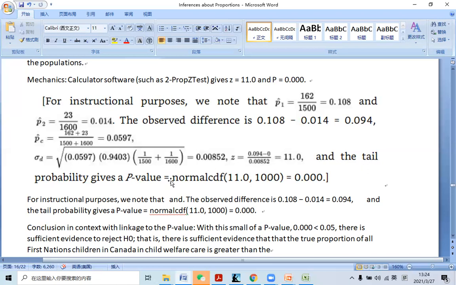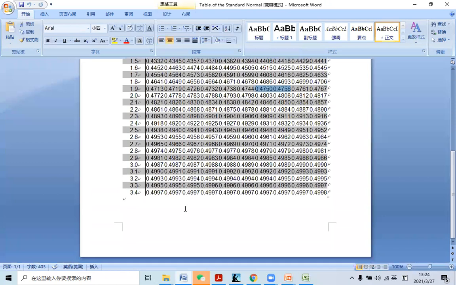And what is the probability? The p-value. A z-score of 11 standard deviations from zero is very small. See, on my z table, do I even have 11 standard deviations? I don't. The largest z-score I have is 3.4 standard deviations.